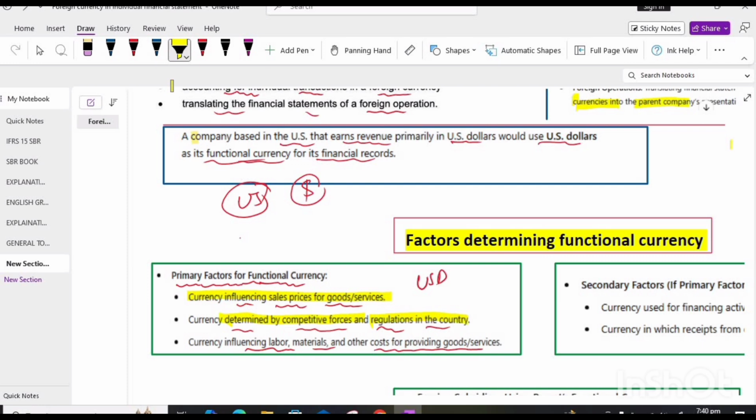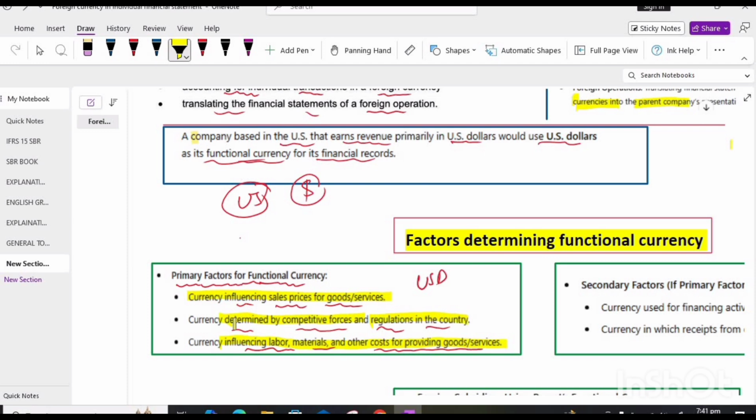The last one is the currency influencing labor, material, and other costs for providing goods and services. In simple words, this is the currency in which the company incurs most of its costs, such as wages, raw material, and operational expenses.